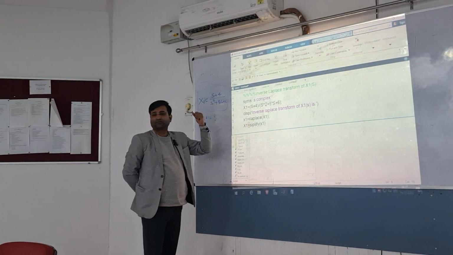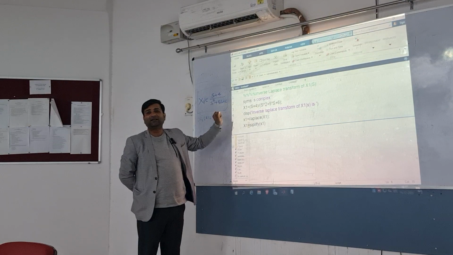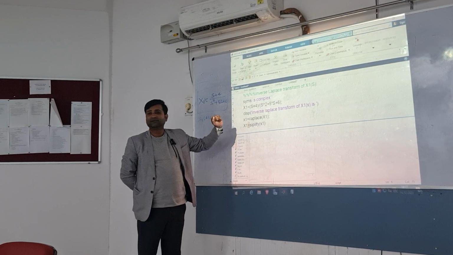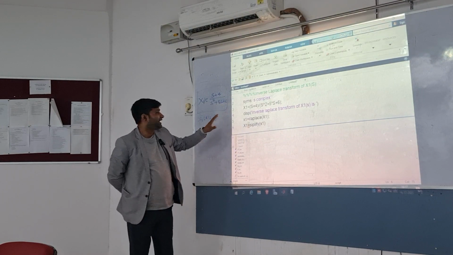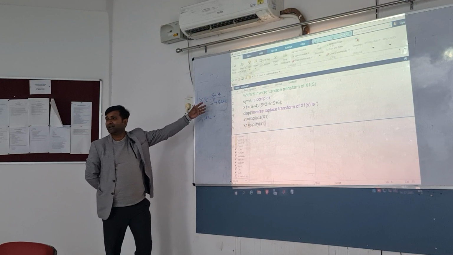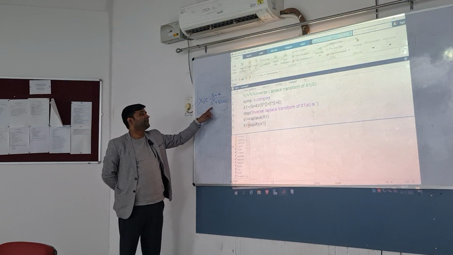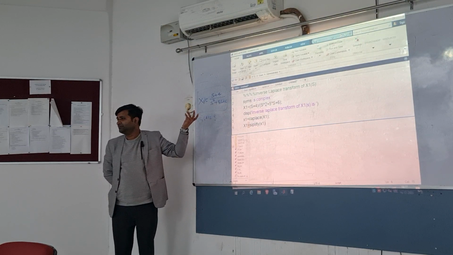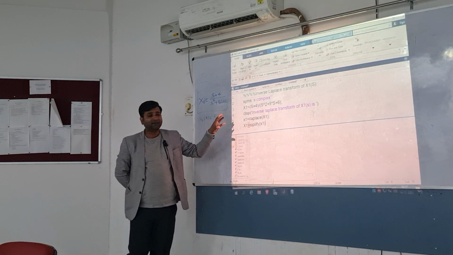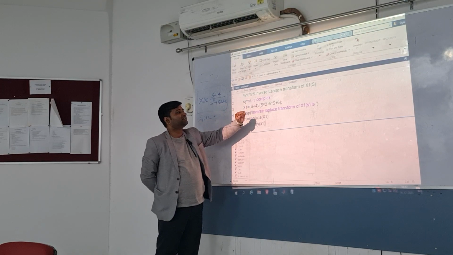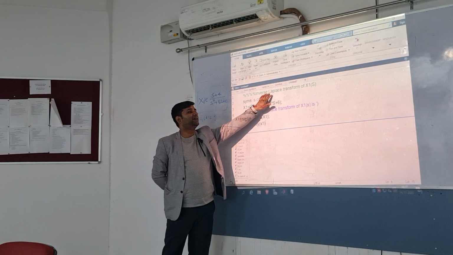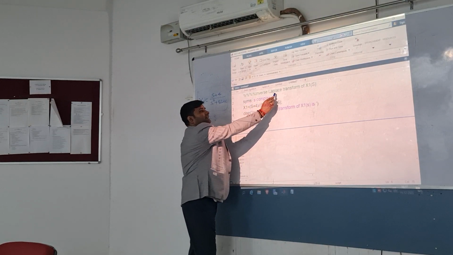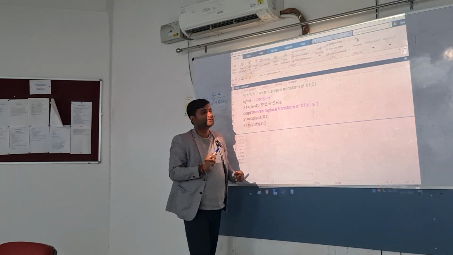These are the basic steps to find the inverse Laplace transform of a given signal X1(s). X1(s) is given as (s plus 4) by (s square plus 5s plus 6). This is a given function. Then you find the inverse. Here you write the comment: inverse Laplace transform of X1(s).